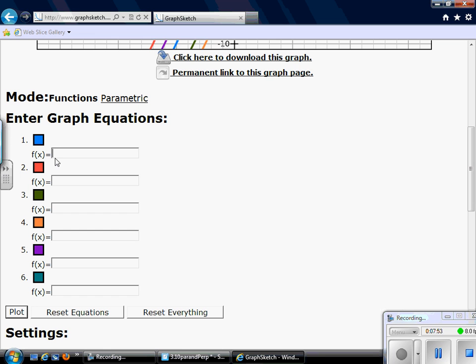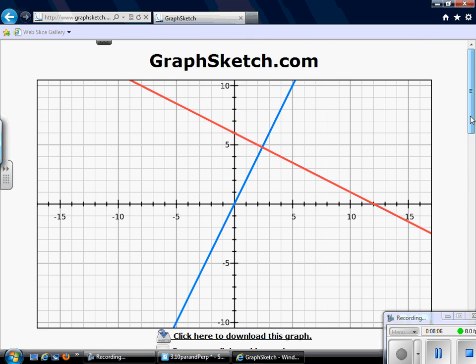So 2x and negative 1/2 x plus 6. Those are what I have, and let's plot it. Okay, so now if you actually look where they intersect, it does look more like a 90-degree angle. So they will intersect at a 90-degree angle.